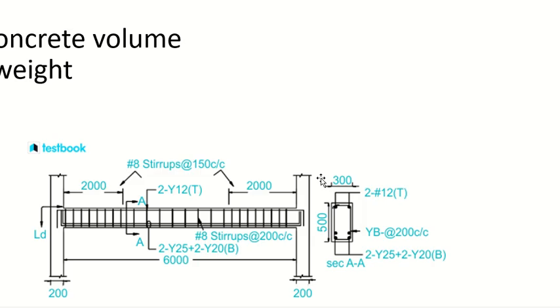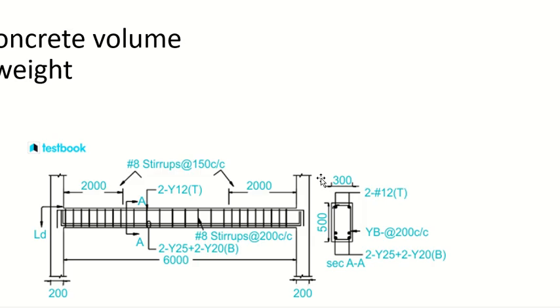Now here is a thing where you have to separate the dias. How many bars of each dia do I have? I have 2 of 12 dia, 2 of 25 dia, and 2 of 20. Their lengths are almost same. I will just write it here.